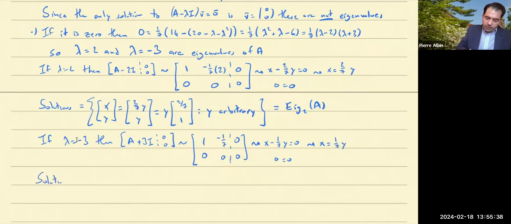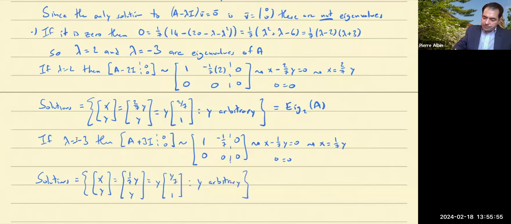So the solutions would be all of the x and y where x is equal to 1/7 y, y is just y. So y times (1/7, 1) with y arbitrary. Right, so this is the eigenspace corresponding to minus 3 for A. Okay.